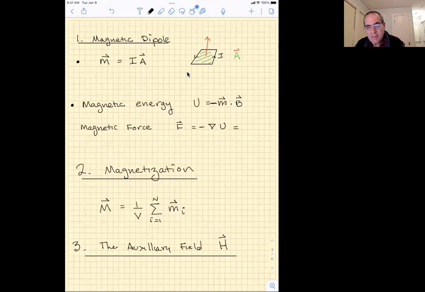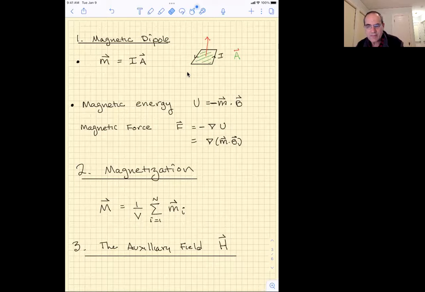A magnetic dipole placed in an inhomogeneous field will feel a net force. And we can find the force as minus the gradient of the potential energy, which turns out to be plus the gradient of m dot B. Okay?